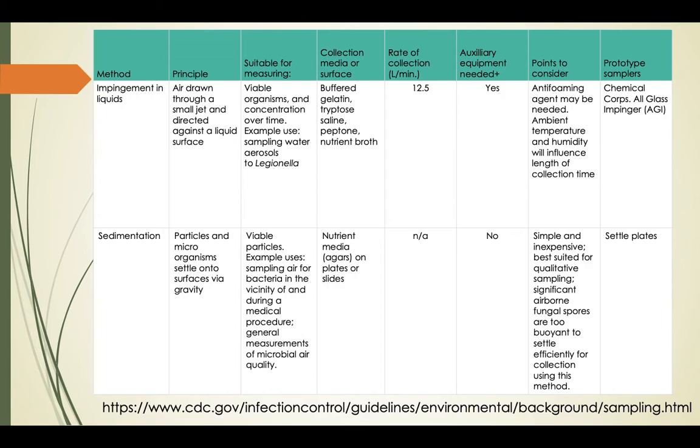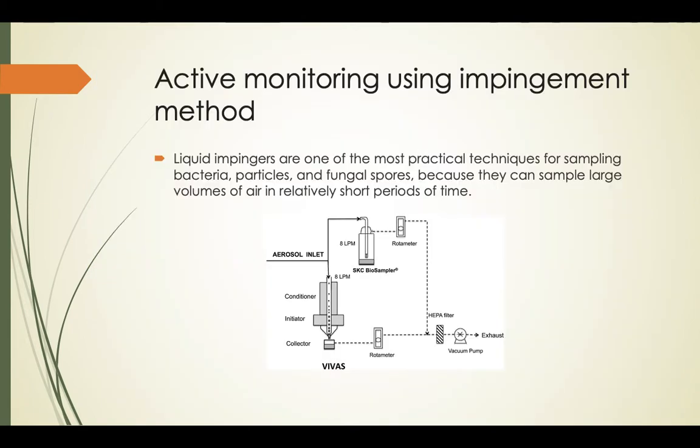So we have the factor of time in the impingement method, and it's a lot more commonly used, unlike the settled plate method. The rate of collection will be varying. It will depend on the orifice of our tube.